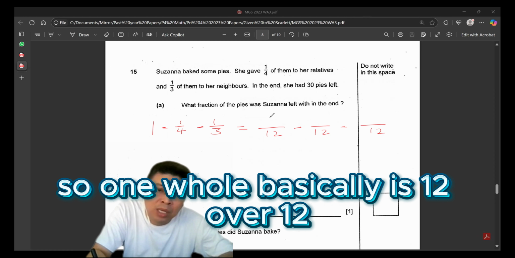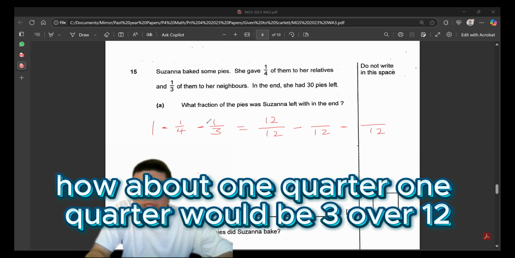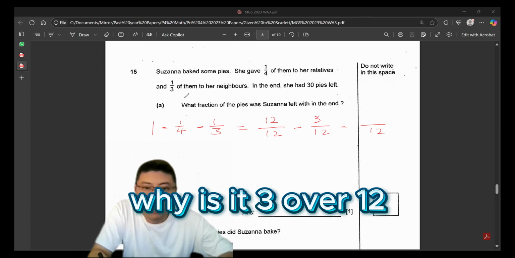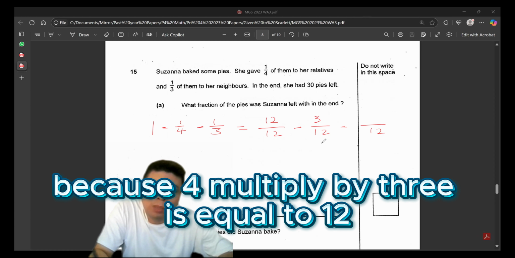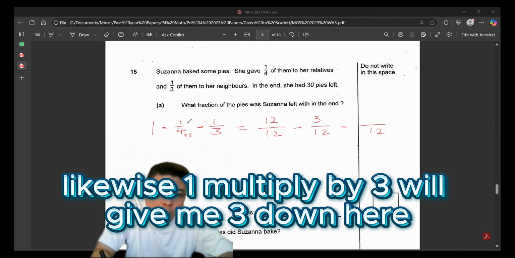So 1 basically is 12 over 12. How about 1/4? 1/4 would be 3 over 12. Why is it 3 over 12? Because 4 multiplied by 3 is equal to 12. Likewise, 1 multiplied by 3 will give me 3 up there.